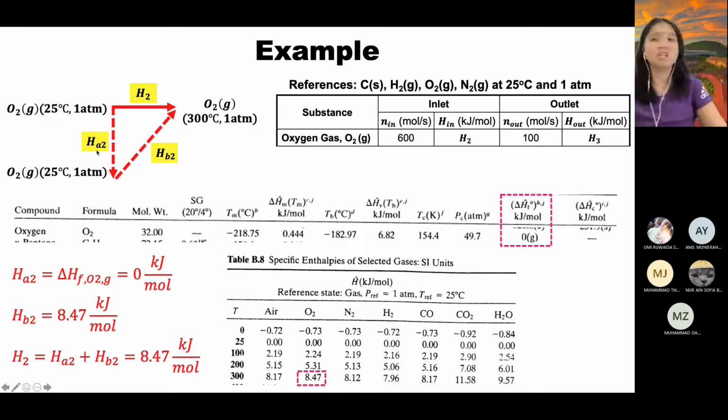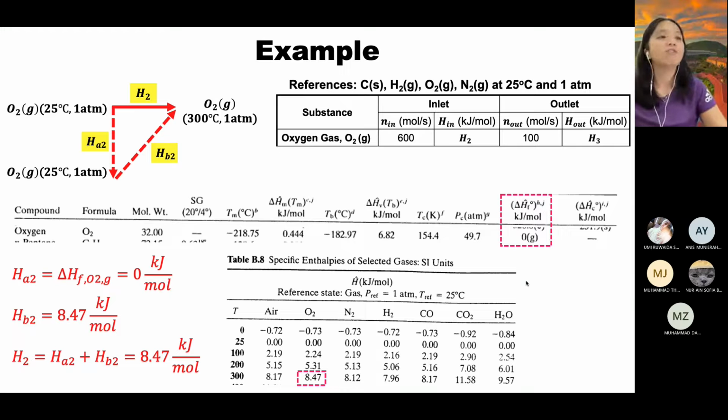The first one, HA2, will be the heat of formation of oxygen gas, which from the table is 0. Why zero? Because at 25 Celsius 1 atm, oxygen gas naturally exists. No heat is required or released to form oxygen gas naturally at 25 Celsius.